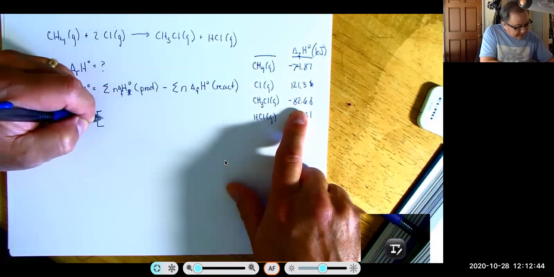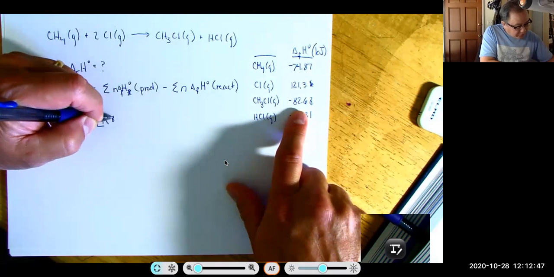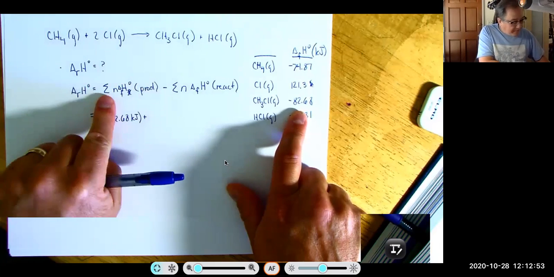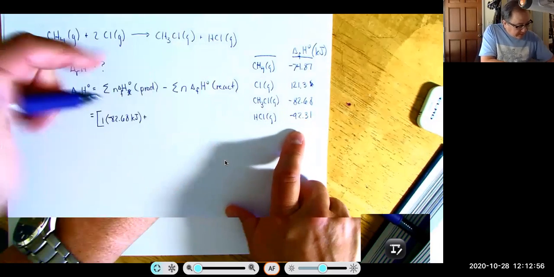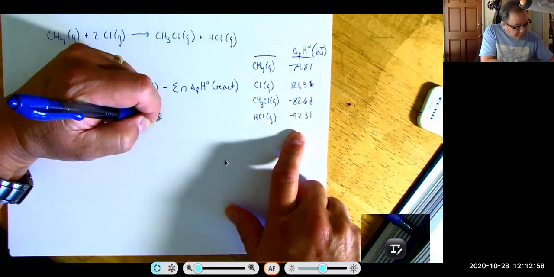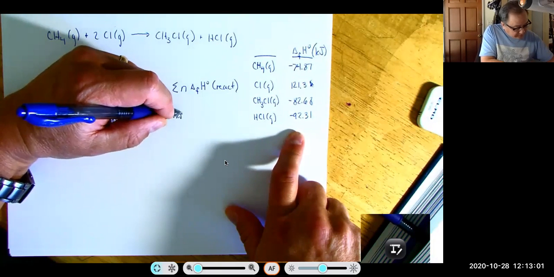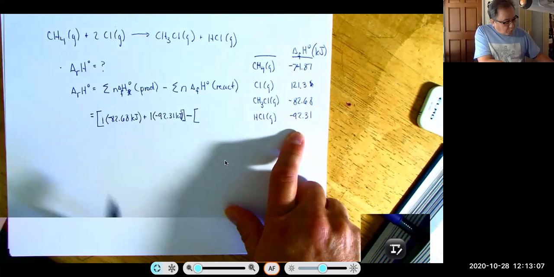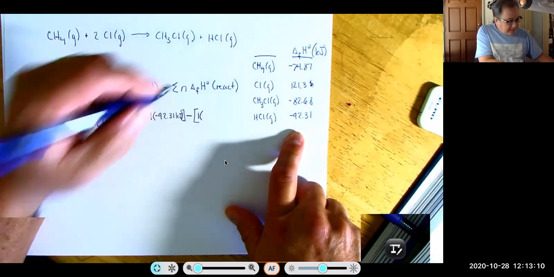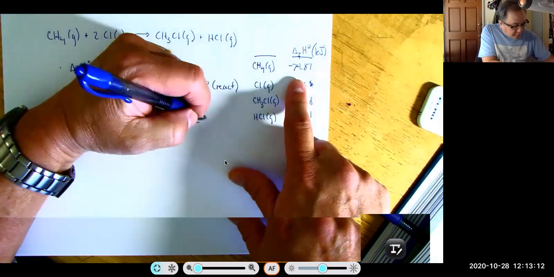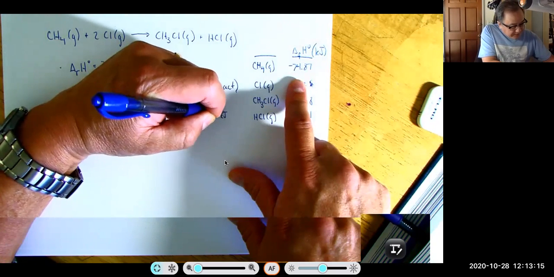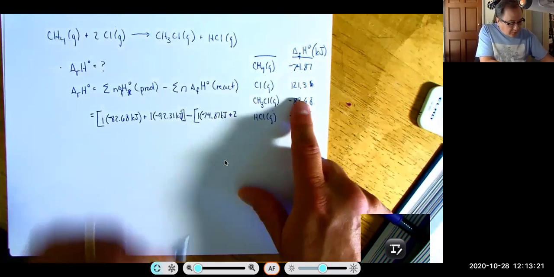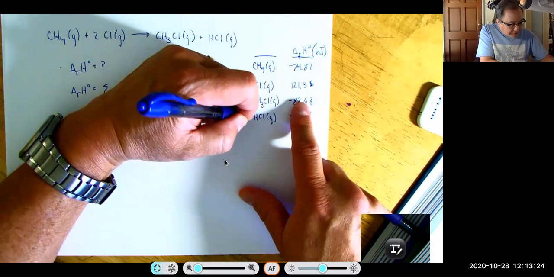So I'm going to have 1 times negative 82.68 kilojoules plus 1 HCl, 1 times negative 92.31 kilojoules, and then minus 1 times CH4, negative 74.87 kilojoules, and then plus 2 times 121.3 kilojoules.